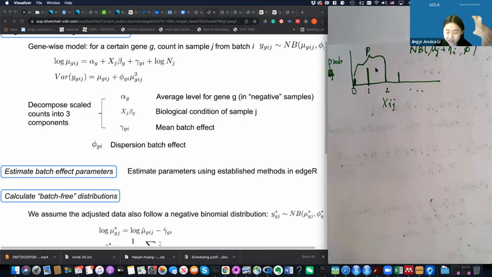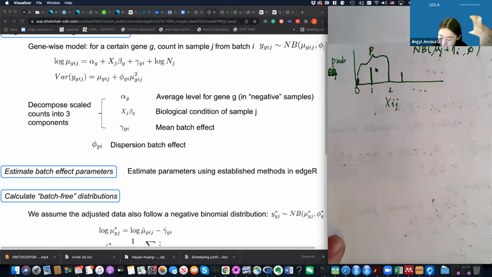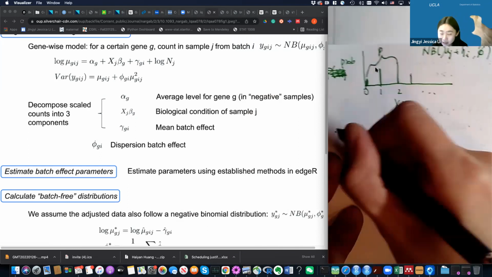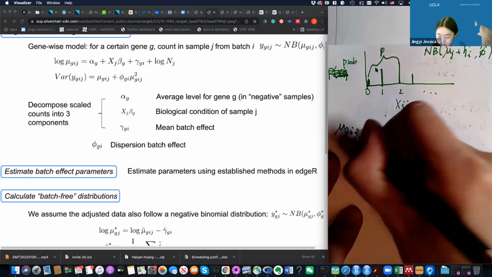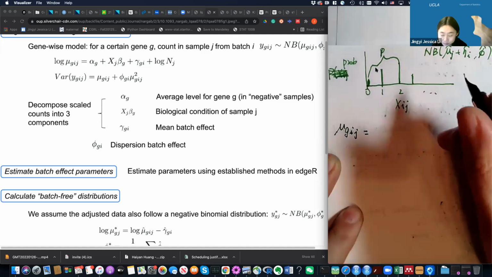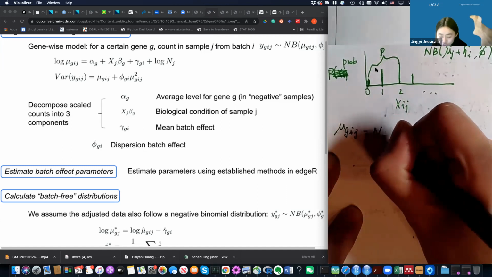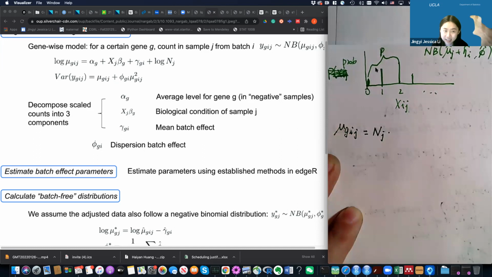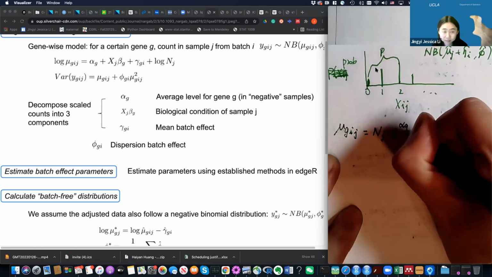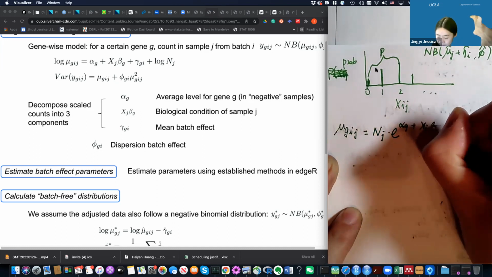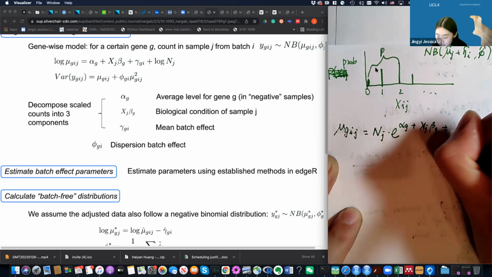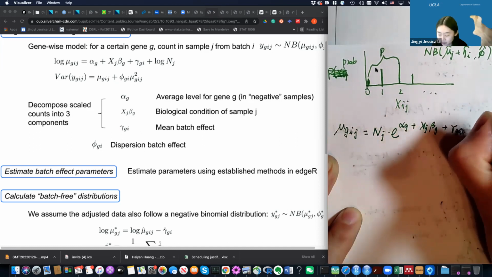So what I try to say is that if we look at the log scale, then basically what's in the paper is mu Gij is equal to Nj multiplies exponential alpha G plus Xj beta G plus gamma Gi.